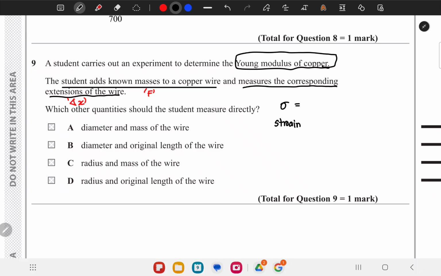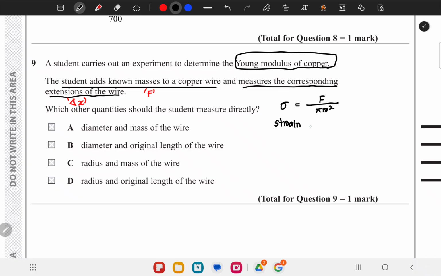Now stress over here will be force per area, so I need the area of the wire. To find the area of the wire, I need the diameter of the wire or the radius of the wire. So this will be pi d square by 4 or pi r square.